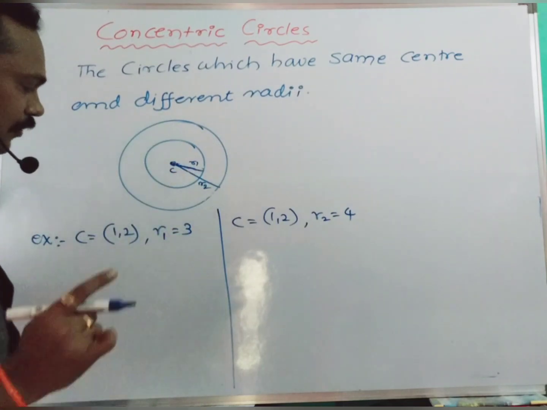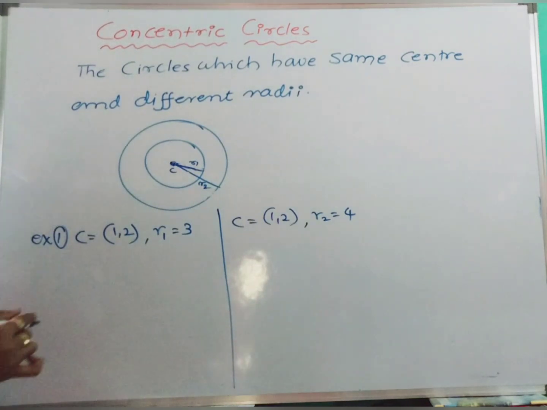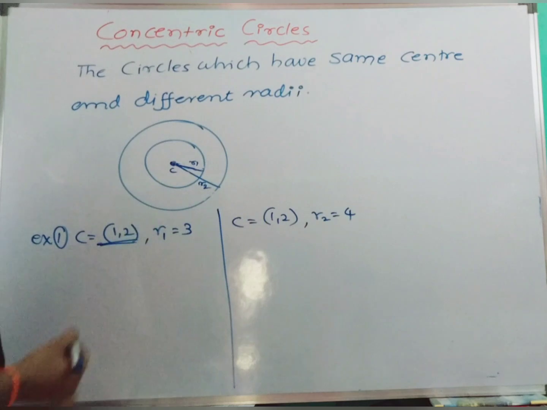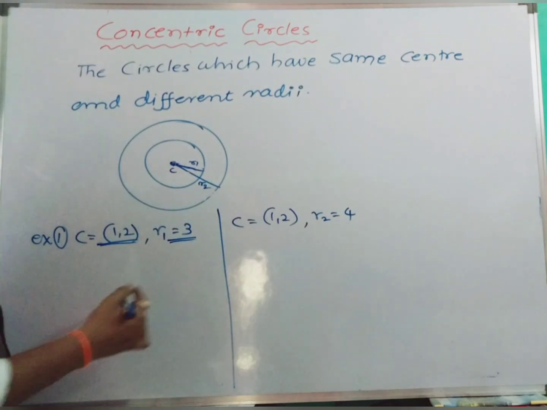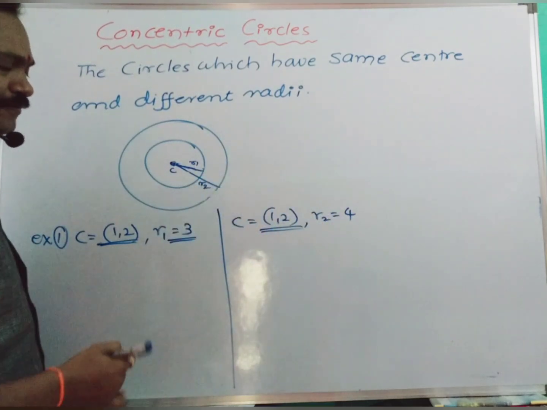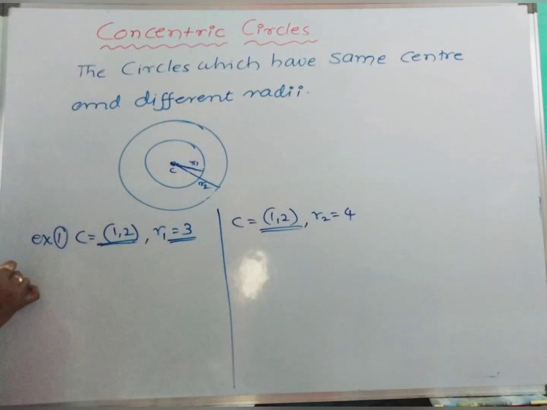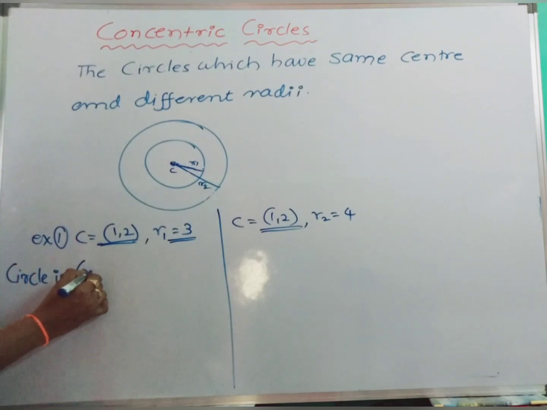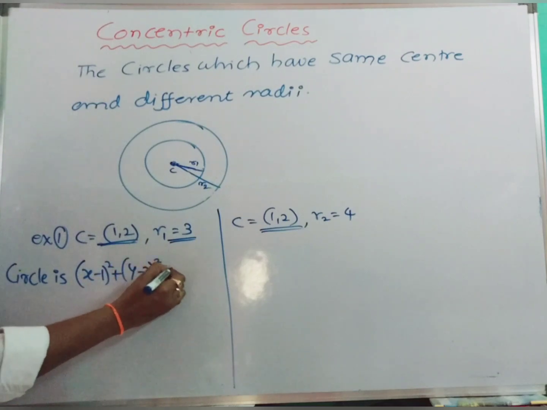Let me take one example. A circle with center (1, 2) and radius 3 units. Simultaneously, I am going to consider a second circle whose center is also the same and radius is different. Now I am going to find the circle equation. According to the central equation of a circle, (x minus 1) whole square plus (y minus 2) whole square equals 3 square.